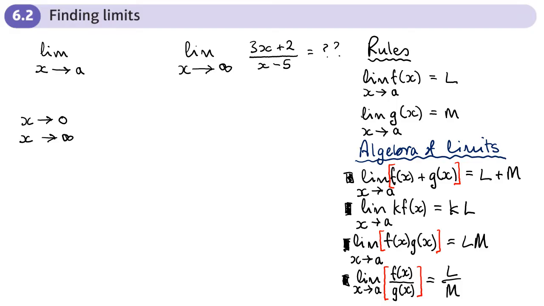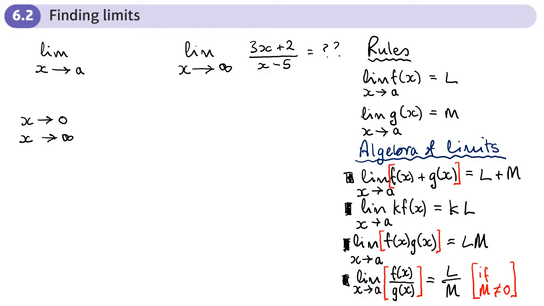Now, because dividing by 0 is not defined, M can't be 0. If M is not equal to 0, that rule applies. If M does equal 0, then we need to go back to the drawing board.